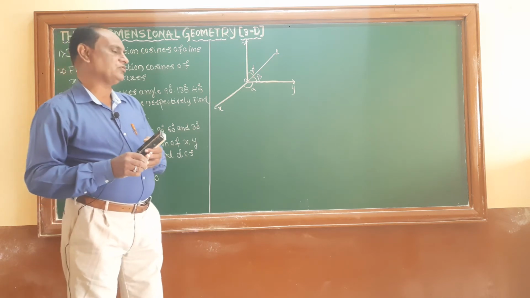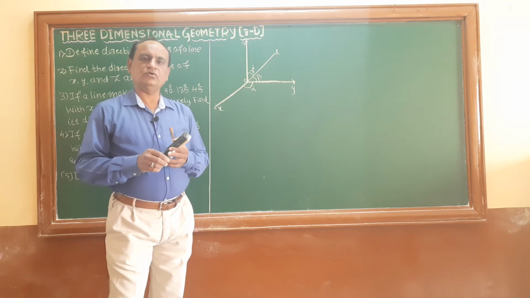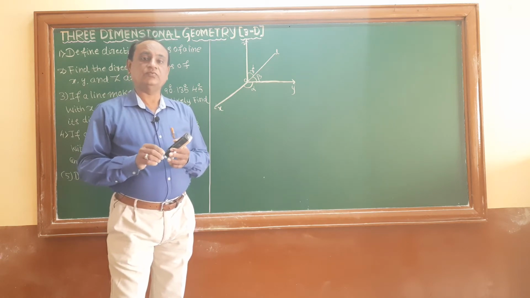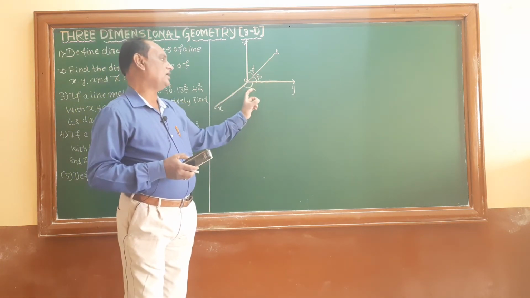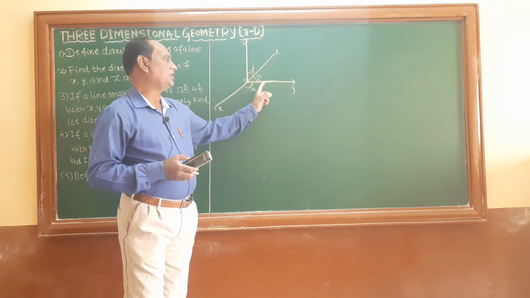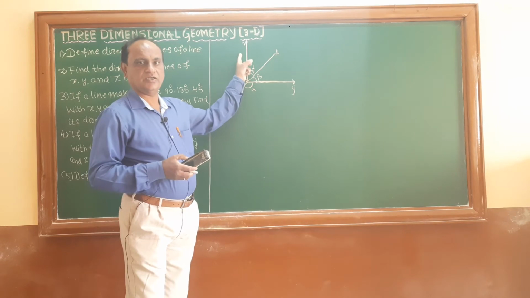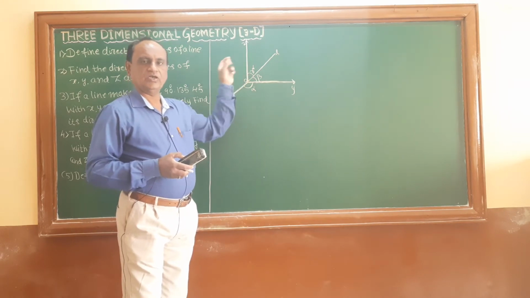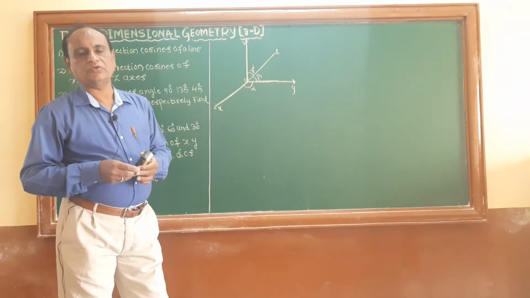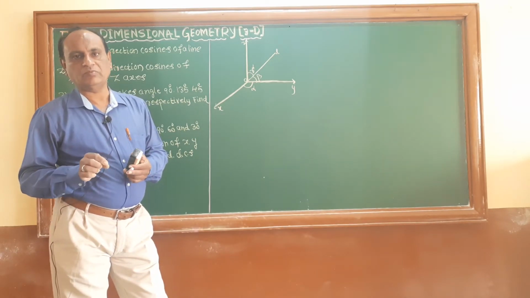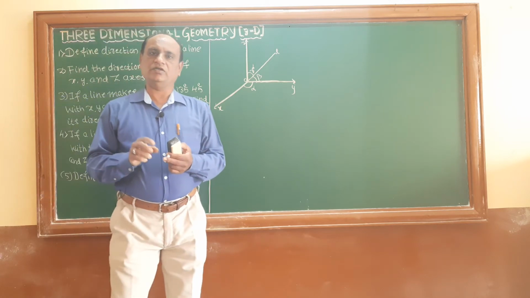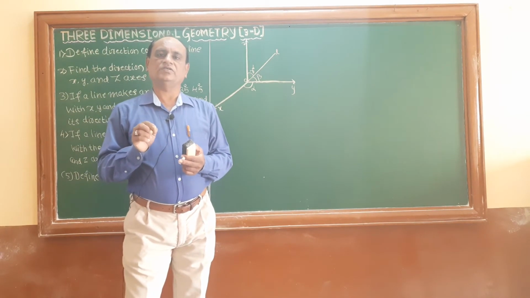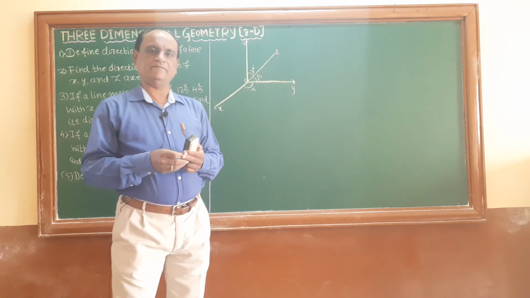Then l is equal to cos alpha, m is equal to cos beta, n is equal to cos gamma, called the direction cosines of the line L. Direction cosines of a line are denoted simply by DCs.